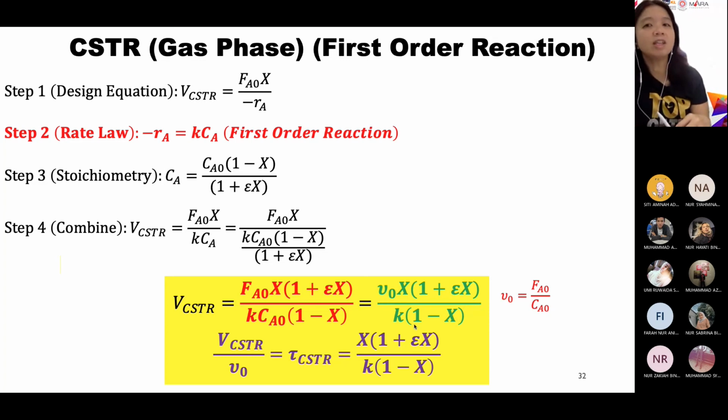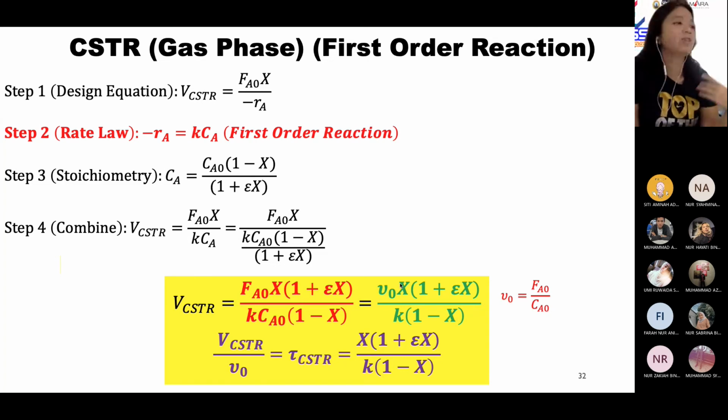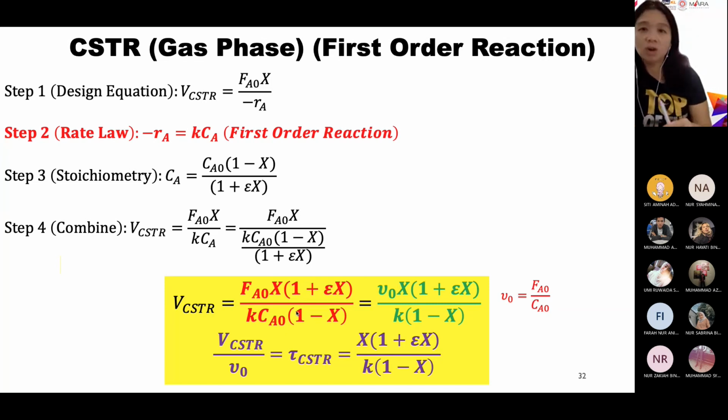So let's say kalau diberi kita inlet volumetric flow rate, you use the second form. If let's say given FA0 dengan CA0, you can use the first form. Okay, alright. Then the first two form is to find the reactor volume. Okay, but sometimes you must remember that at times we want to know space-time as well.